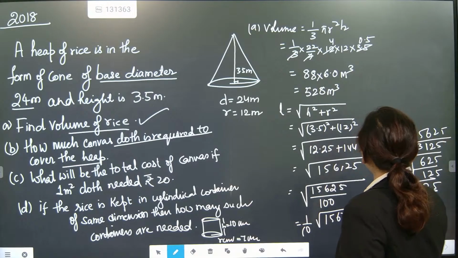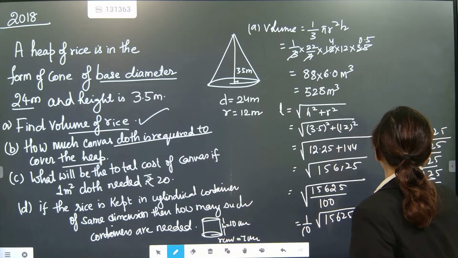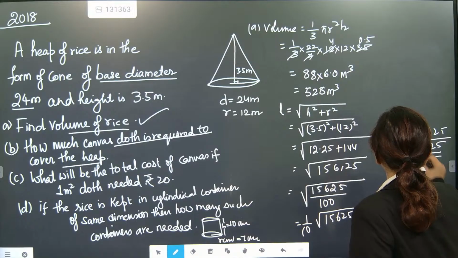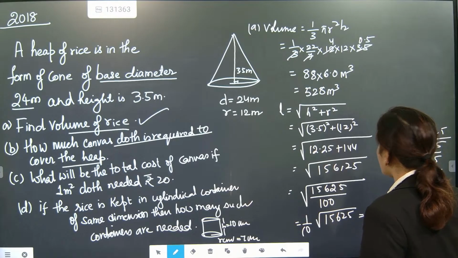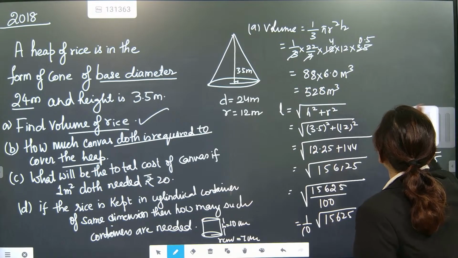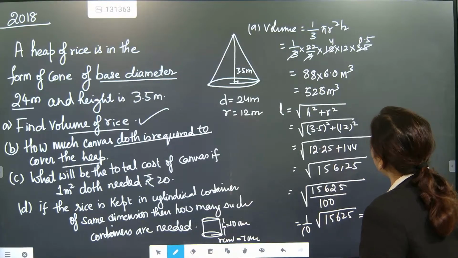So root 5 will come, correct now? 125 by 10. So it is coming as 12.5. So the slant height is coming as 12.5 meter.